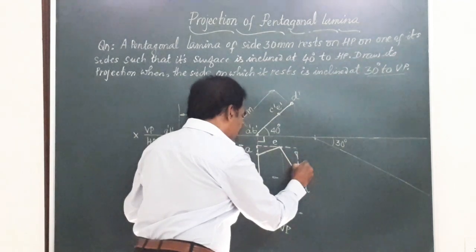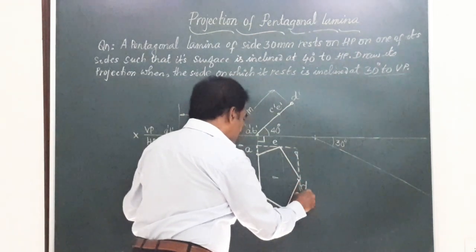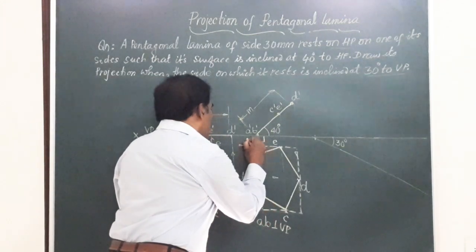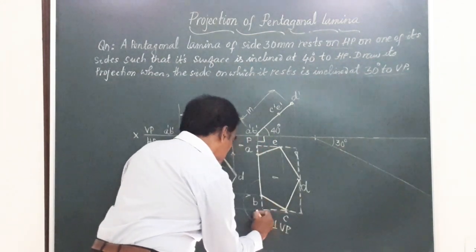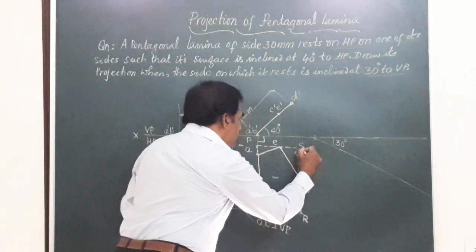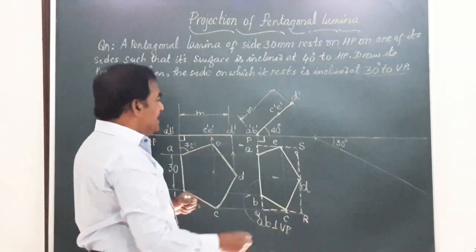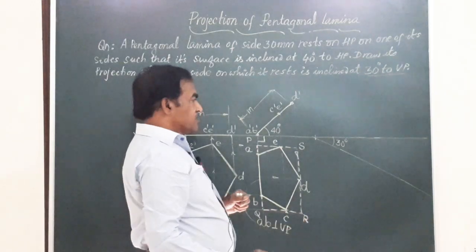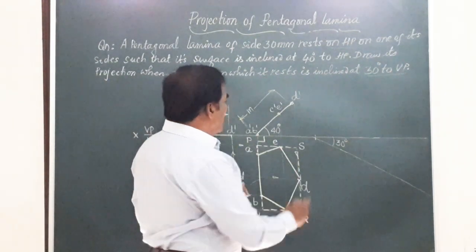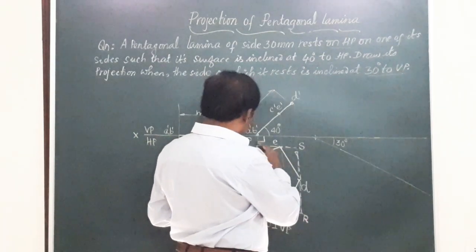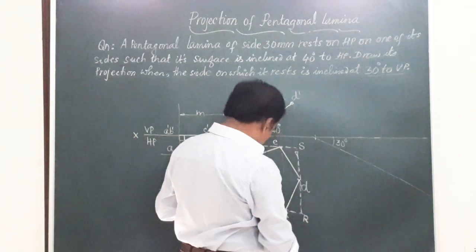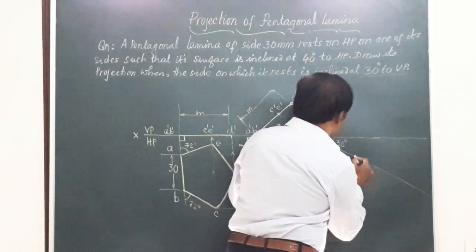This is a rectangular box in which the top view is enclosed. So PQRS is the box in which the top view of the figure is enclosed. I am going to redraw this rectangle on this line such that AB will lie on this. So I am going to mark PQ on this to start with.